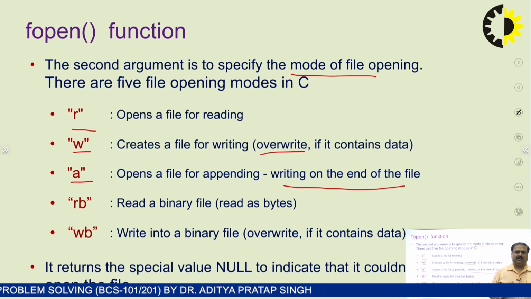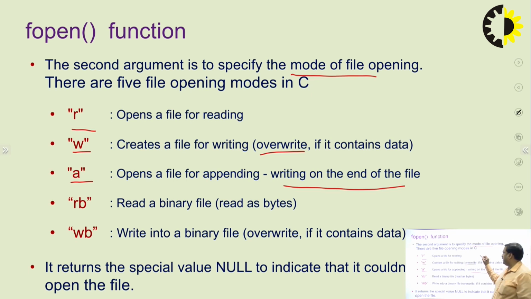Now let's try to understand where the pointer will start. For a reading operation, we start from the beginning, because reading starts from the beginning. In case of a write operation, if the file does not exist, it will be created. If the file exists, the content will be deleted, so it also starts from the beginning.